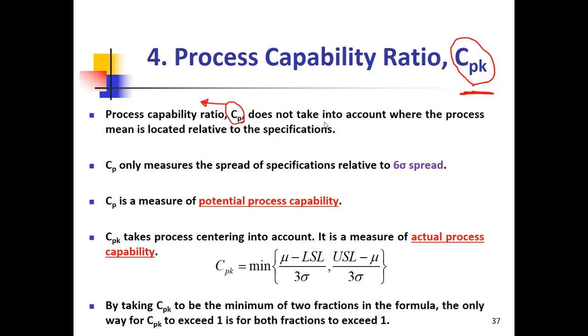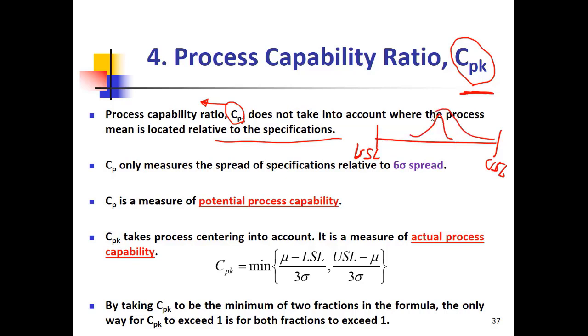CP doesn't take into account where the process mean is located relative to the specification. First of all, this is LSL, USL. As I said, CP only shows how the data are spread.